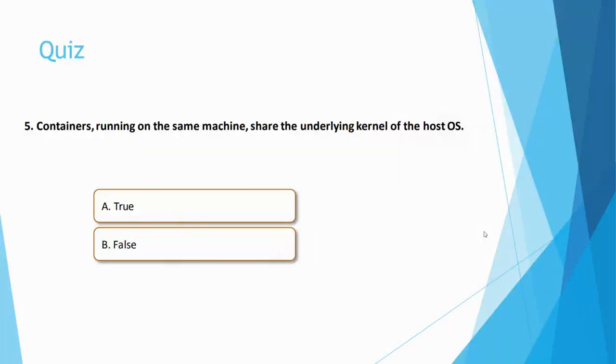Yes, tell true or false. The answer is true. I have told you already. The container does not have a kernel by itself. The container will share the kernel from the underlying layer of the OS. Got it?